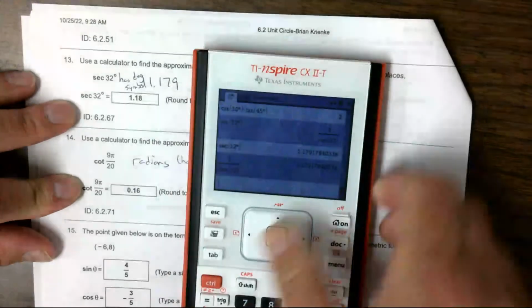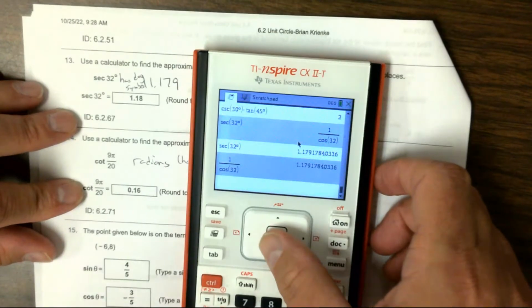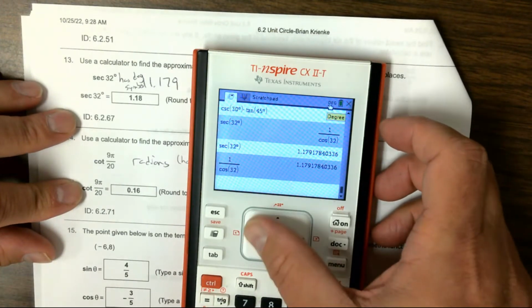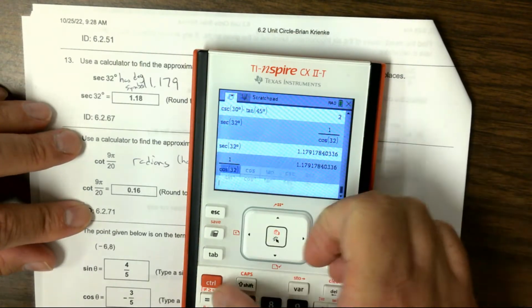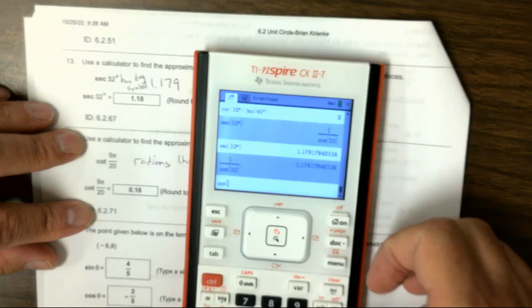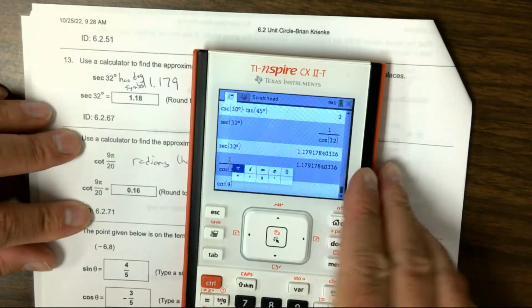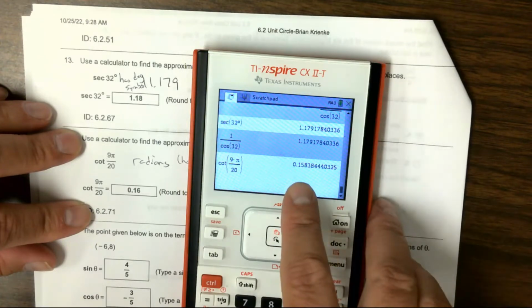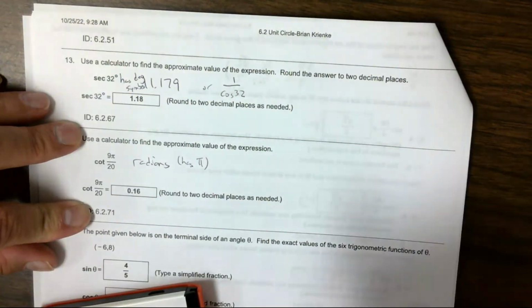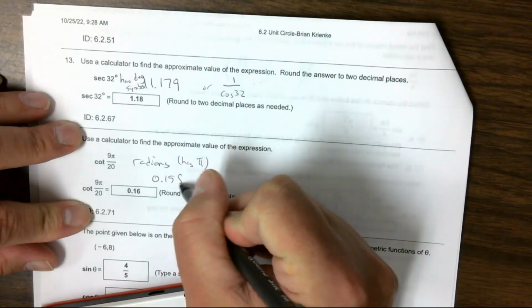So that's why in one of the first videos I said sometimes people just leave it in radian mode. And then you're doing cotan 9 pi over 20 as a decimal. That's 0.158.